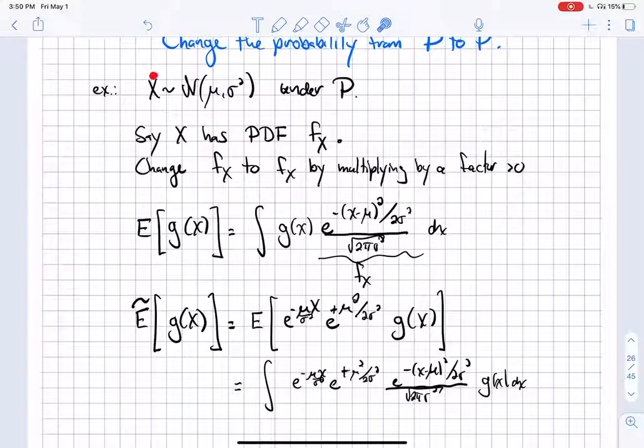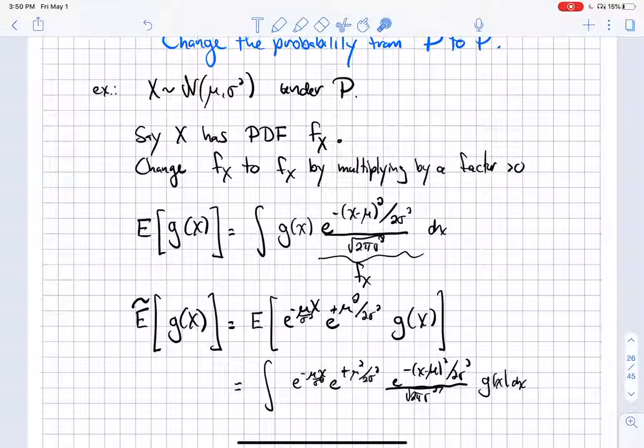So let's say you have a random variable which has distribution normal with mean mu and variance sigma square under probability P. Now, say that X has a PDF, f of x.